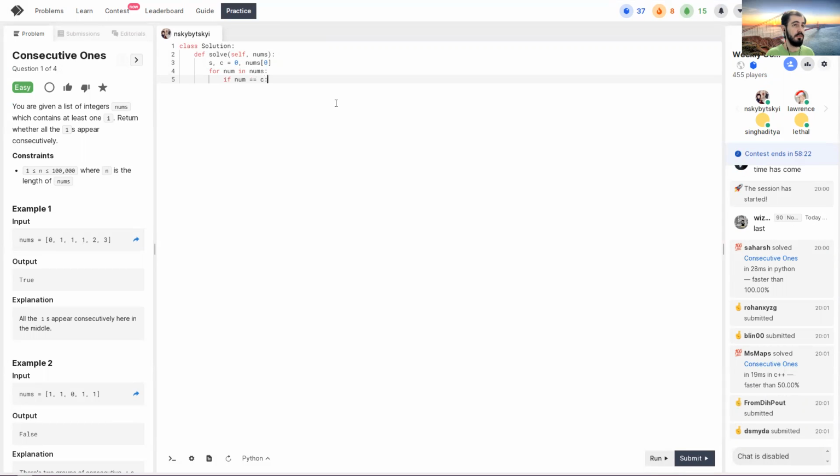If num equals current, we just continue. If num is not equal to current, and num equals 1, we add another segment of ones, and the current number gets reset. Next time it will detect the change, and we can return whether the count of segments is equal to 1.